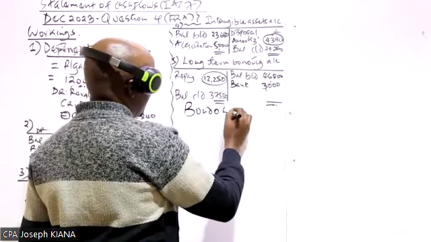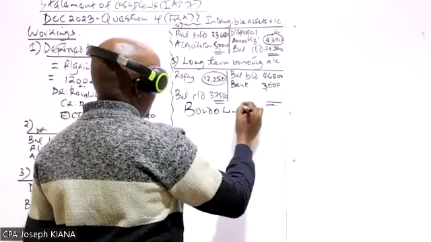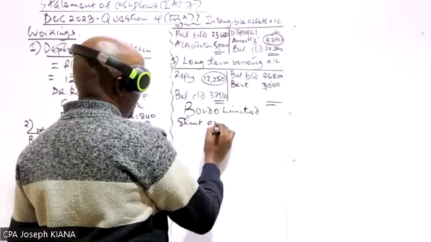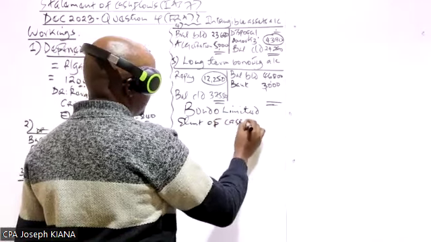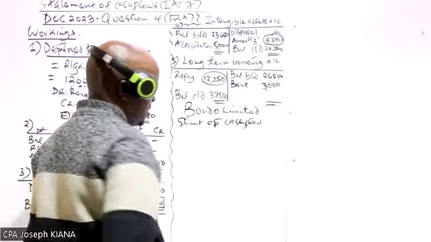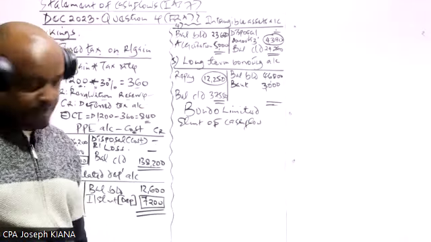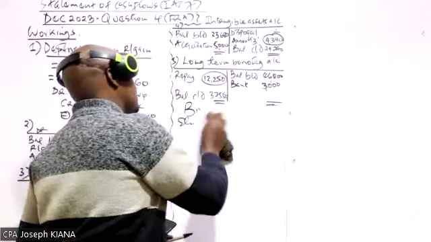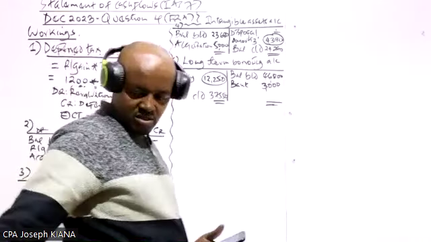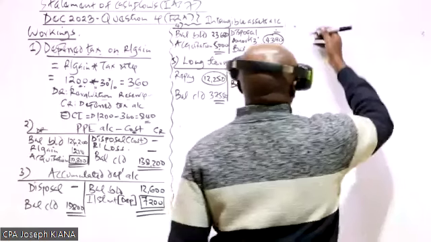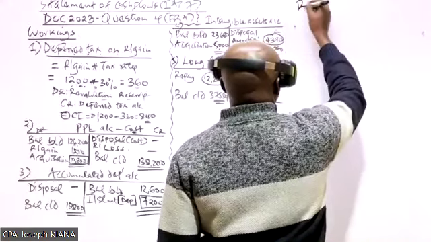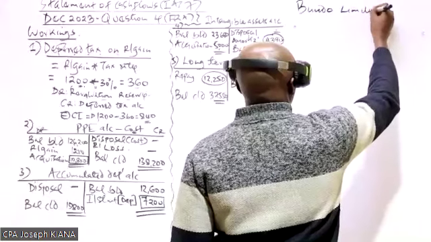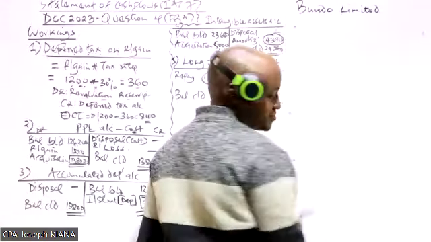So the name of this company is Budo Limited. What are we preparing? The statement of cash flows. So let me do this here because of the space. So let's have our statement of cash flows here. The name of the company is Budo Limited.